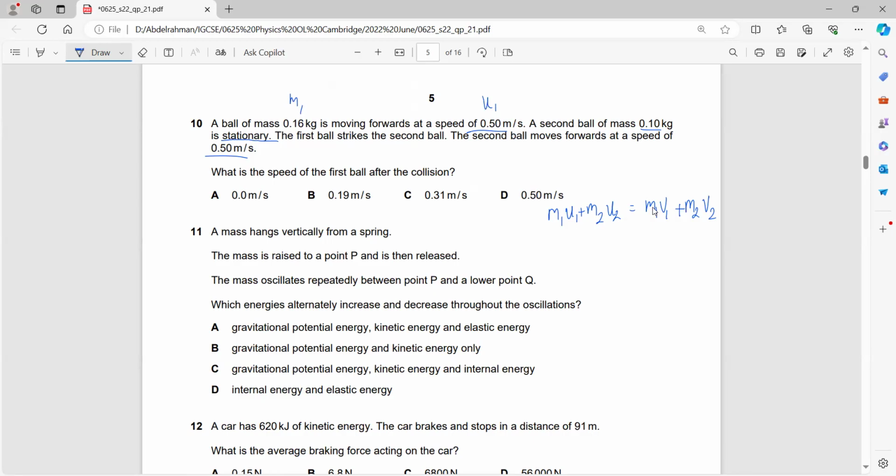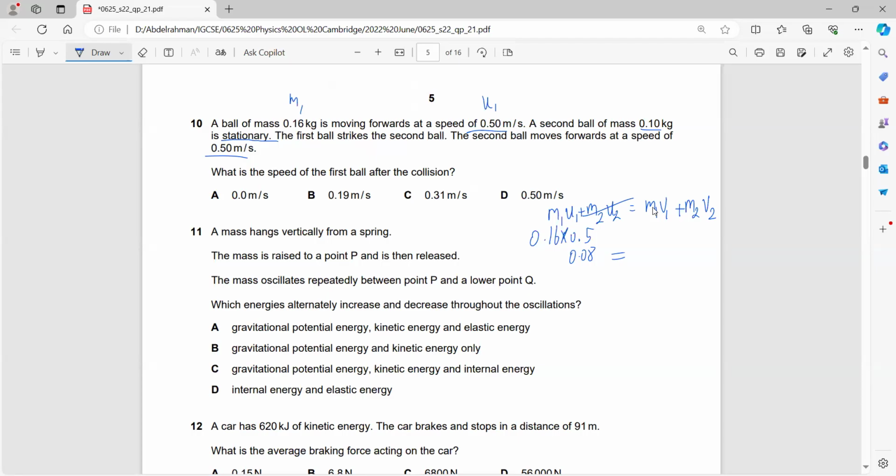So 0.16 times 0.5 is 0.08. M2U2 is 0, because it's stationary. So this is 0, equals M1V1.